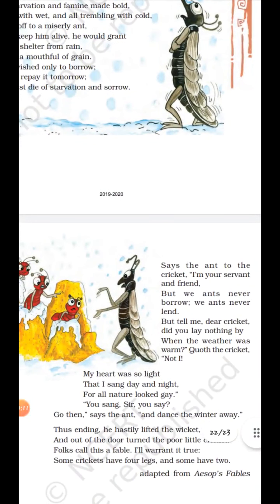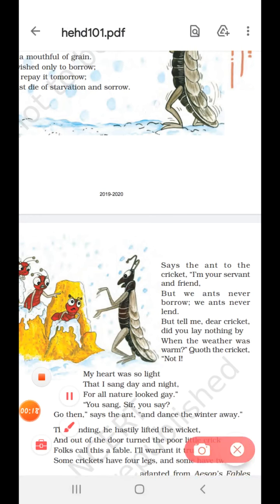Okay. So, see here. The cricket thought of going to the ant and asking for shelter and food. Okay, the cricket thought that I will die of lack of food and disappointment.